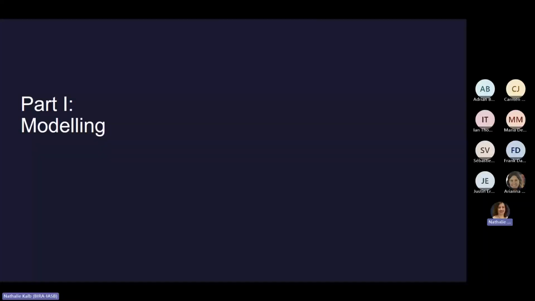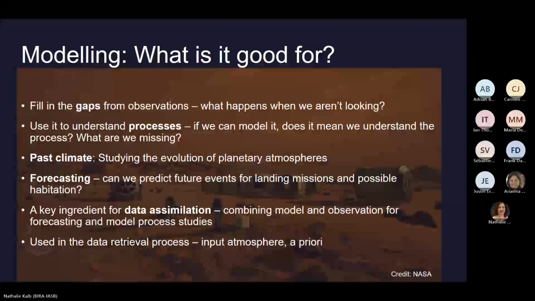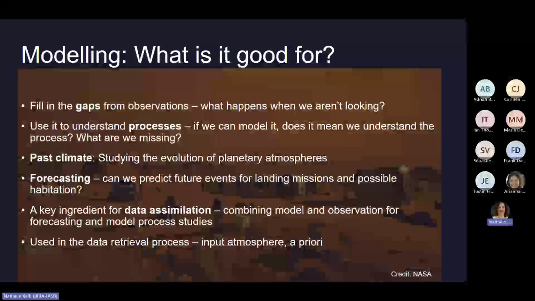So first part, modeling. First of all, I know we've all discussed this in this workshop mode, but what is it good for? Why do we do modeling? You've all seen those gaps. Lucas showed it perfectly, the gaps in the observations, what happens when we're not looking. We can use models for that. We can use it to understand these processes that we may see something in the atmosphere.